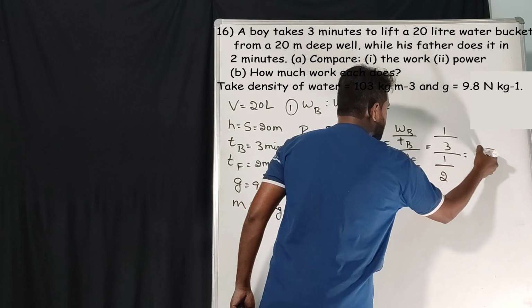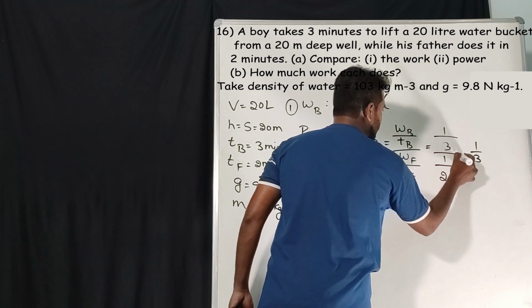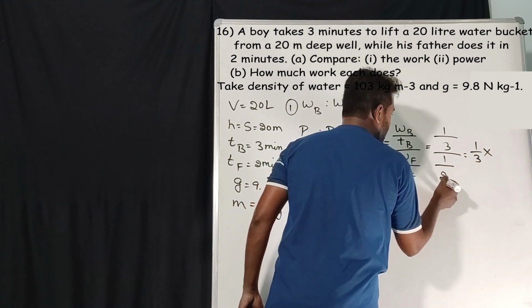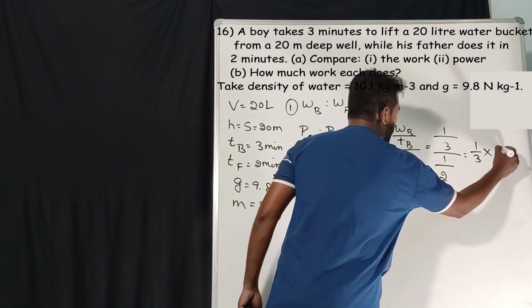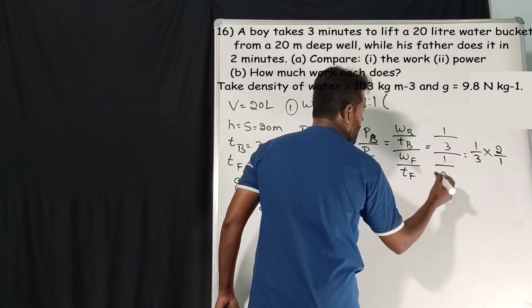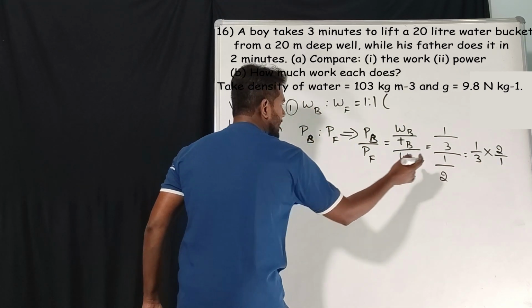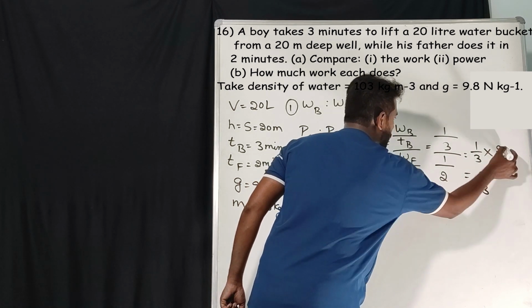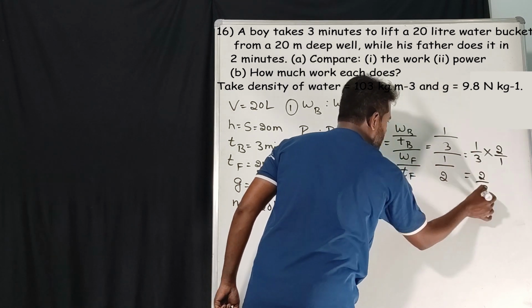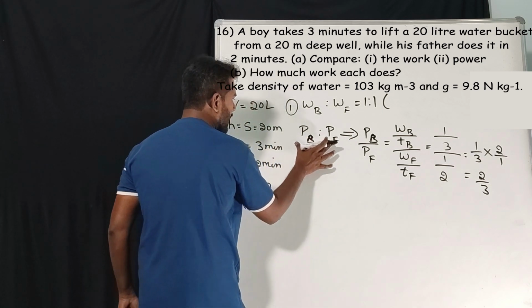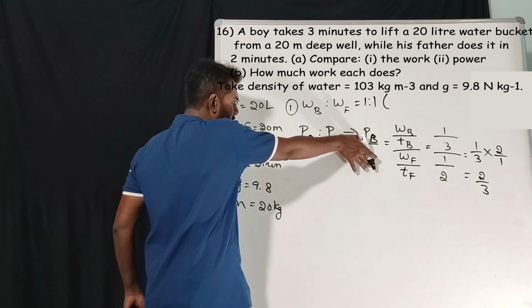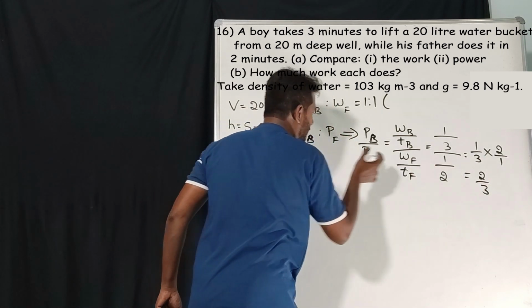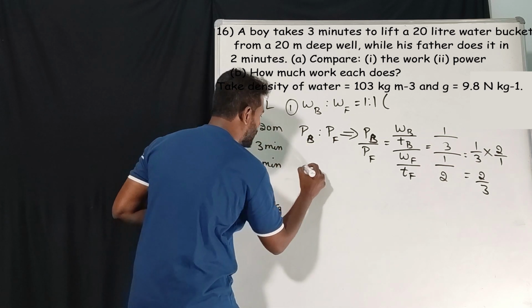So this is nothing but 1/3. Instead of division, I will take it as multiplication, then I will take the reciprocal. This becomes 2/1. So now I can write this as 2/3. Correct? 2 into 1, 2. 3 into 1, 3. Initially I converted the ratio into a fraction.